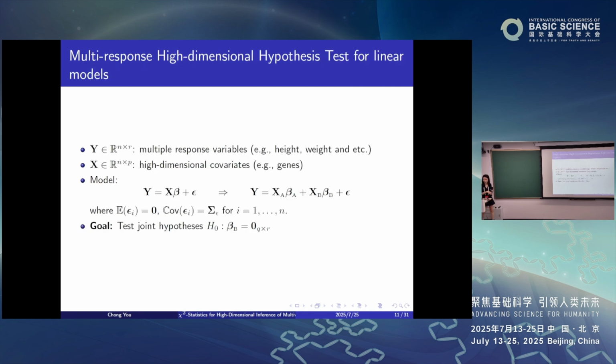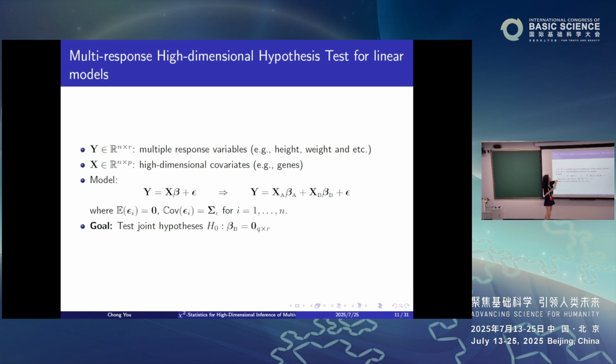So now finally, what we did is extend the work to multi-response. Here, y is no longer a vector, but a multi-response. For example, you have multiple phenotypes: height, weight, cholesterol levels, eye color, whatever. It's going to be a matrix, where this is the number of observations and this is the number of phenotypes.